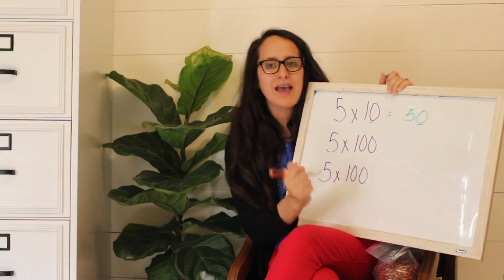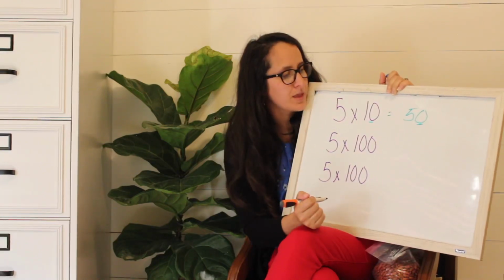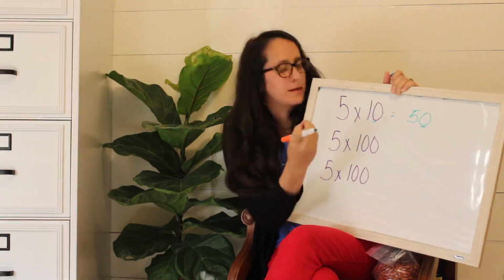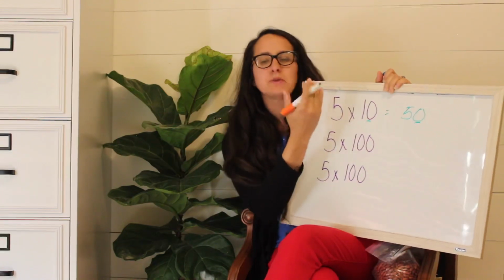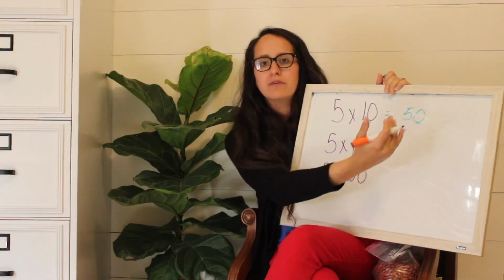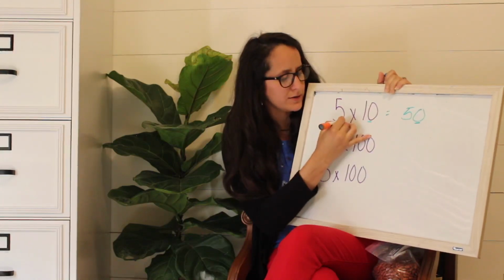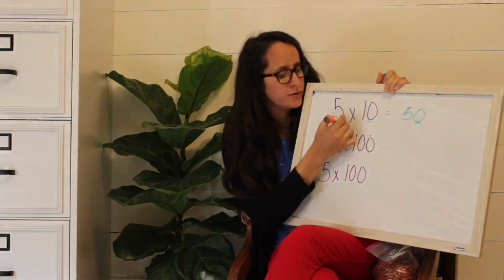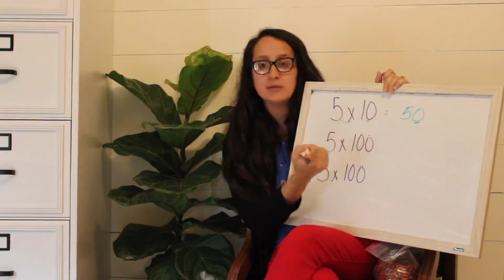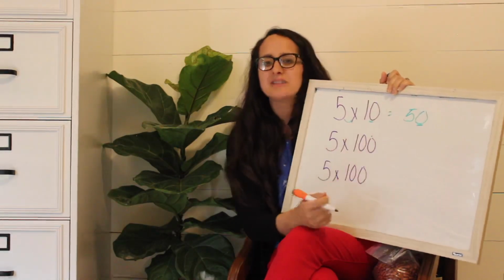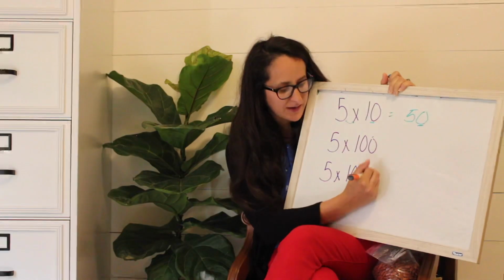Yeah, we have 1. So basically what we're doing is we're going to move the decimal over to the right. Right here, there's an imaginary decimal. We're going to move it over 1 place because we have 1 zero. And that's going to give us 50.